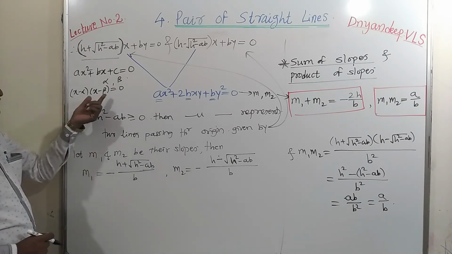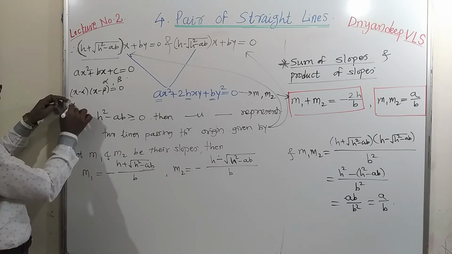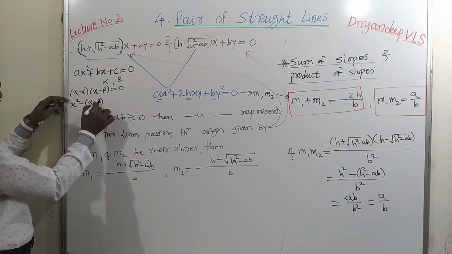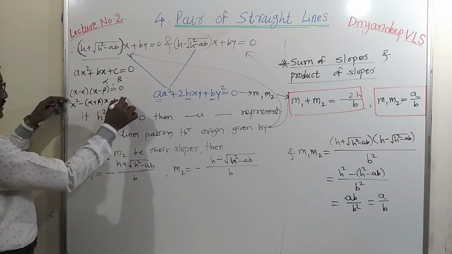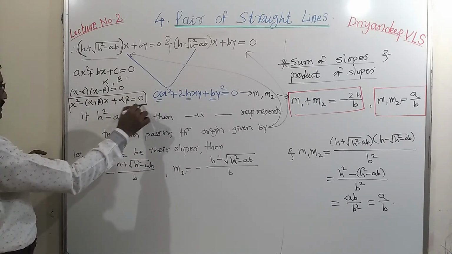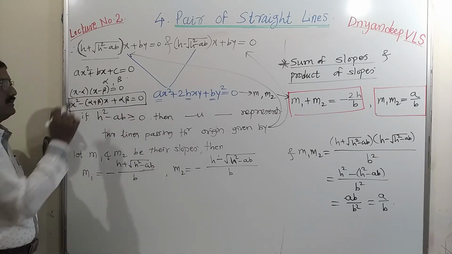So if you simplify this, then we get x square minus (alpha plus beta) x plus alpha beta equal to 0. This equation is the required quadratic equation whose roots are alpha and beta.